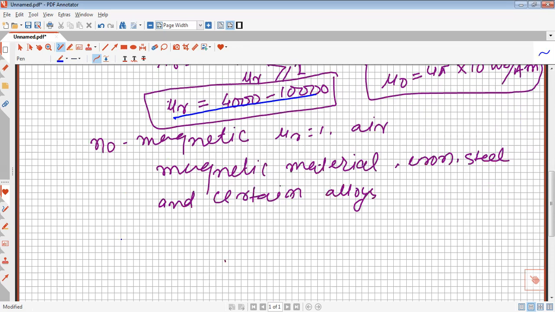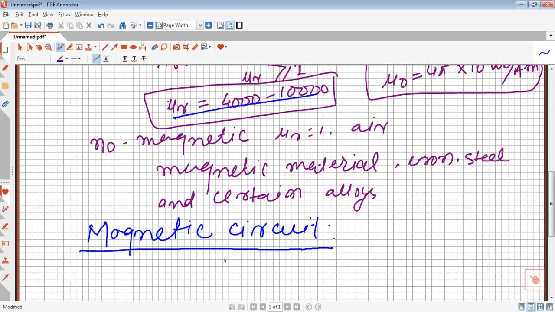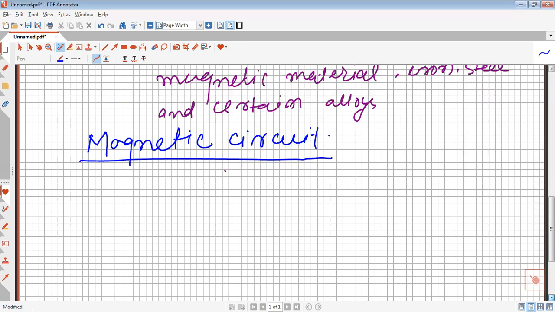So here I am just now explaining what a magnetic circuit is. We have already studied a lot of things about the electrical circuit. In an electrical circuit, we have encountered a voltage source, current source, resistance, like that, where electrical currents are flowing.